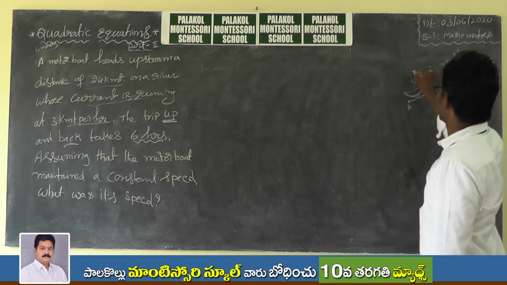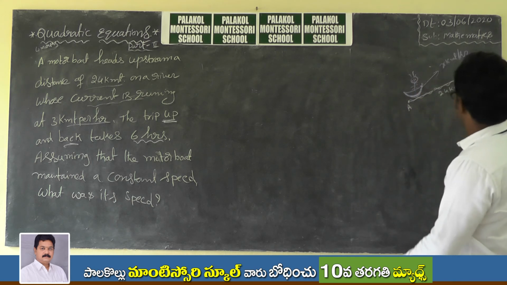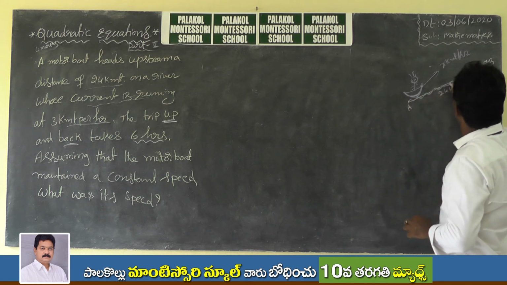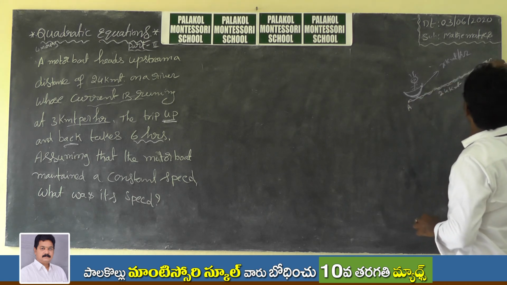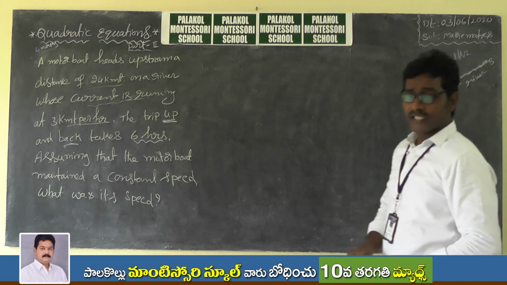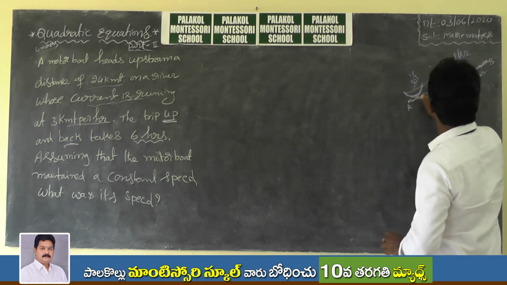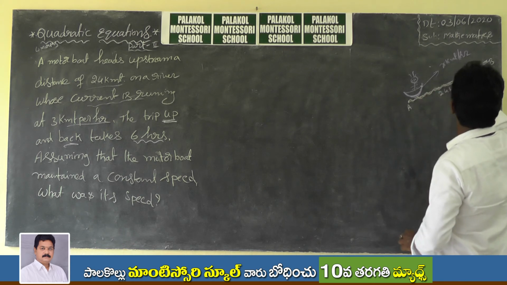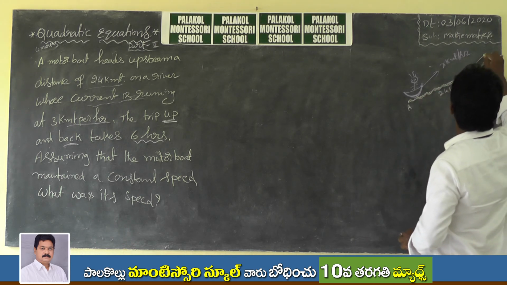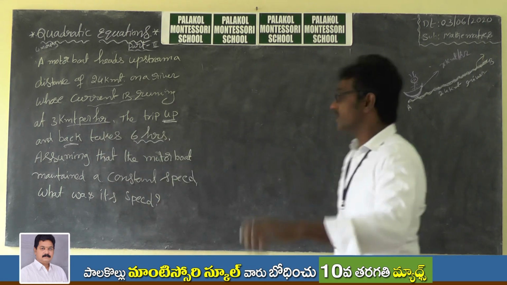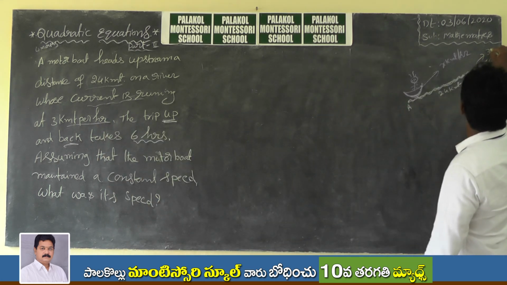Okay guys? Next, see, this is the stream. This also has a speed: the current of this river is running, and the speed is given. How much is given? 3 kilometers per hour.